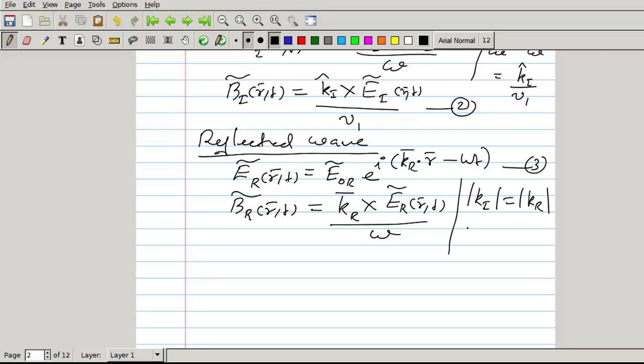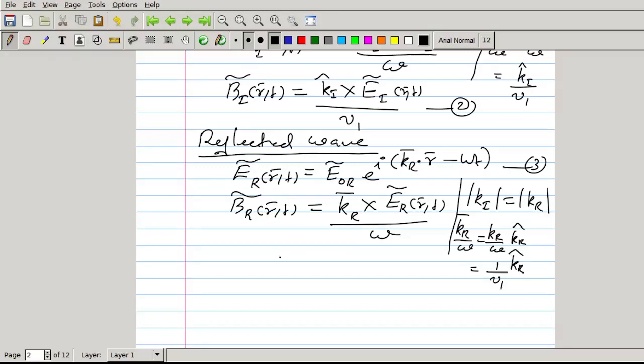So k_r by omega, I can also write as 1 by v1. So this vector k_r by omega, I can write as k_r by omega into the k_r unit vector. This k_r by omega, mod k_r equal to mod k_i, will be 1 by v1 into k_r.